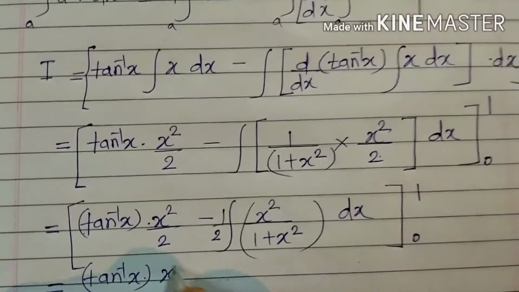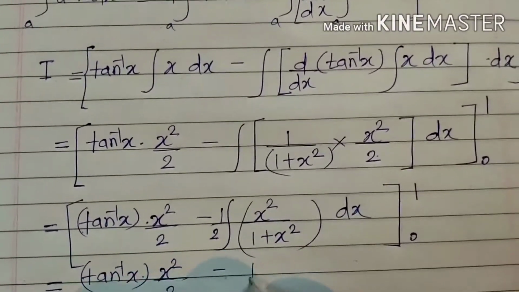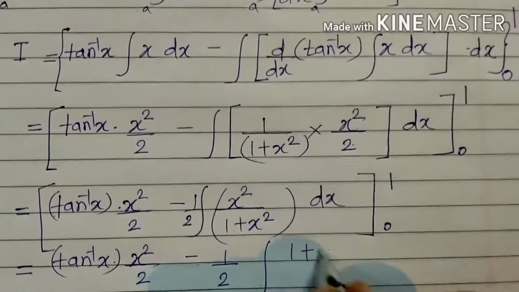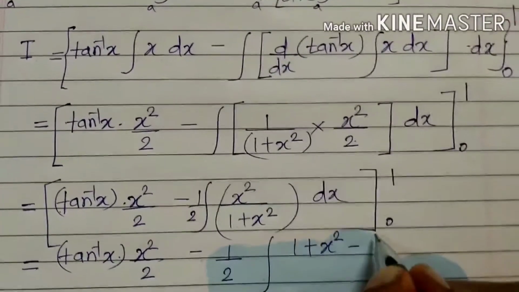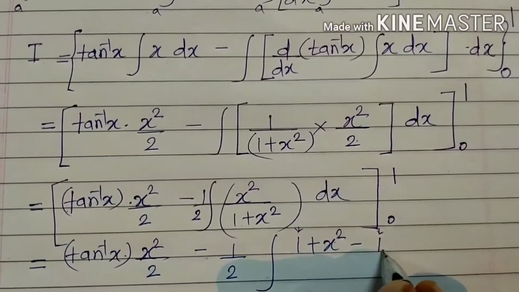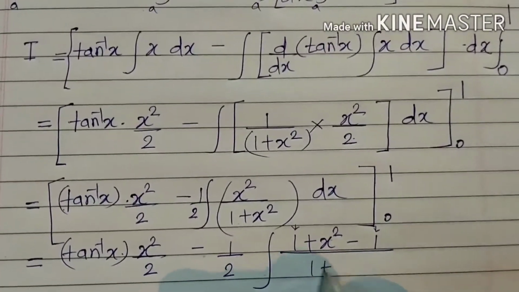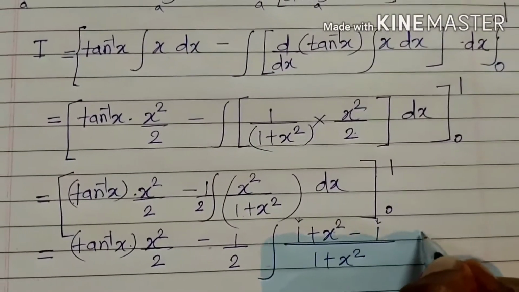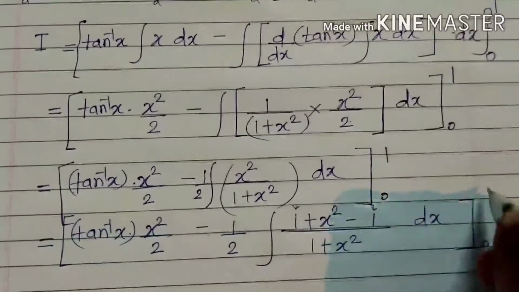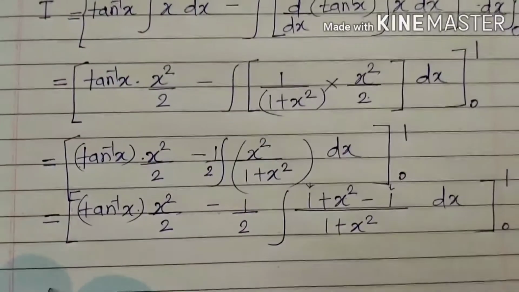Now next, tan inverse x into x square upon 2 minus 1 by 2 integration. Now adjust here. What is this? It is 1 plus x square, so this is the adjustment. We take 1 minus 1 upon 1 plus x square into dx, and here limit 0 to 1. Okay.